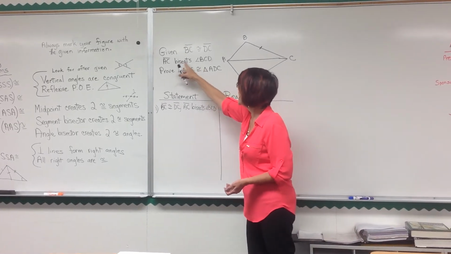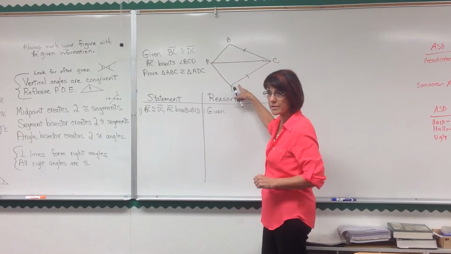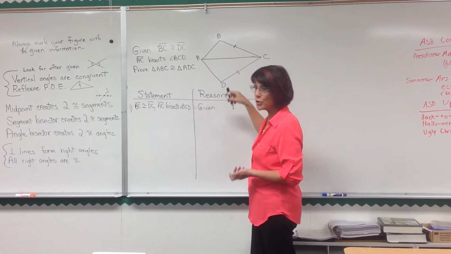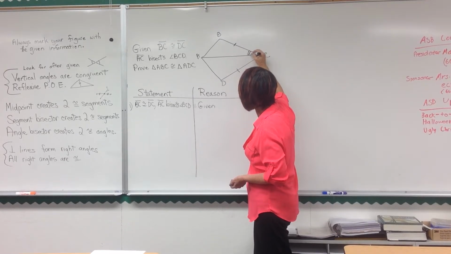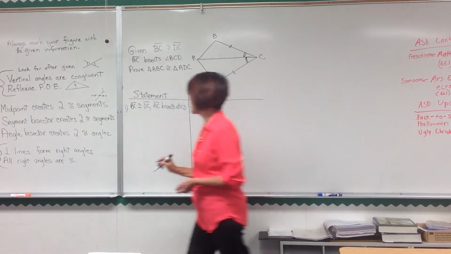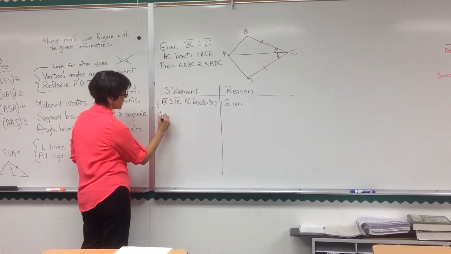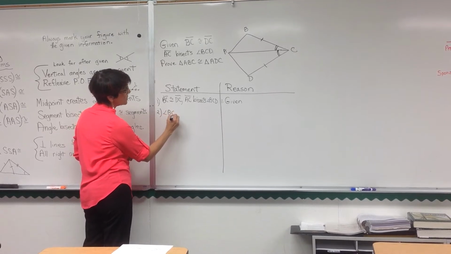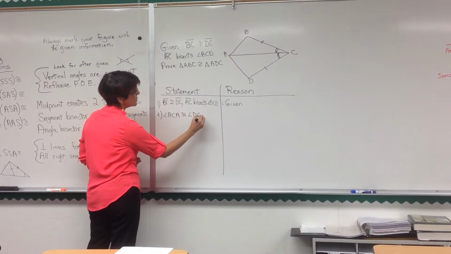The next one, AC bisects BCD. Now I'm going to use what I know a bisector does. It forms two congruent angles. So I'm going to mark this one and this one congruent to each other, and I'm going to write that down. So number 2, I'm going to say angle BCA is congruent to angle DCA.